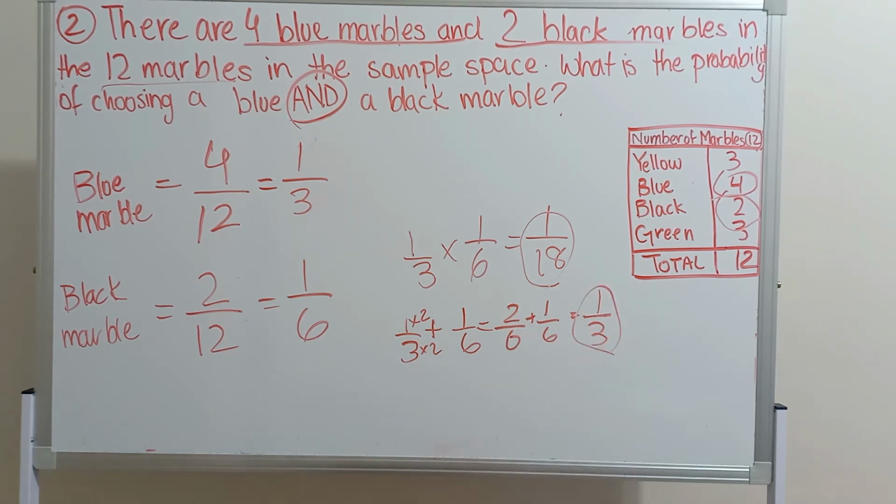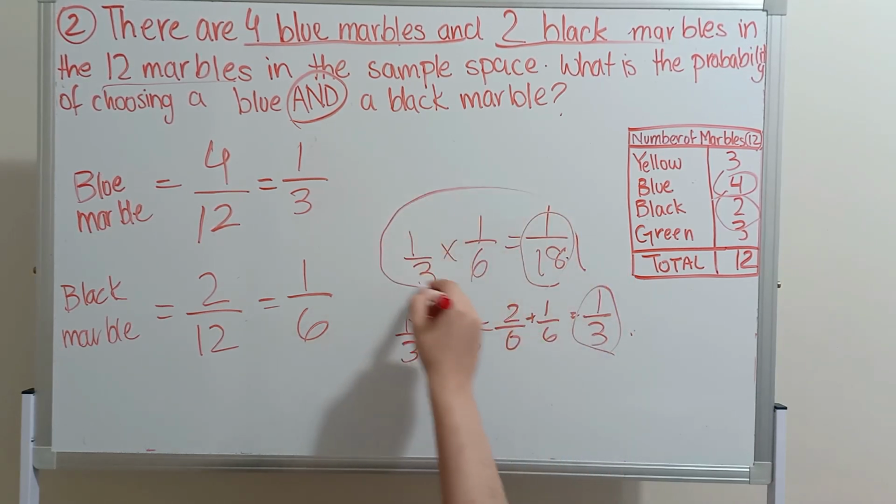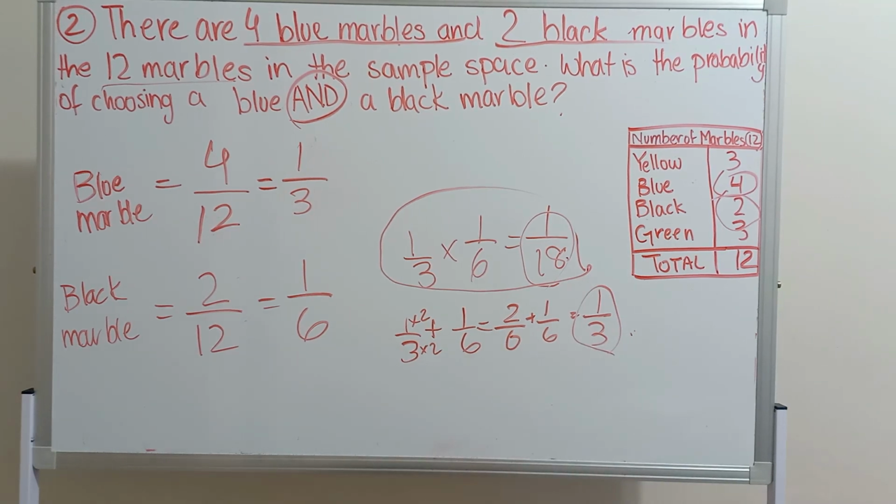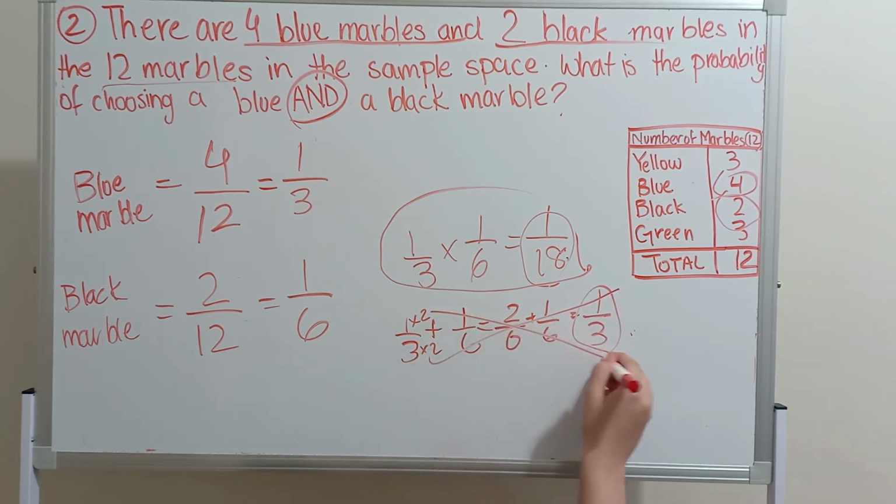So we have to be careful with the words and and or, because if we do the wrong operation in the problem, it will give us 2 totally different answers. Some people might confuse it with addition and get the wrong answer. So this is going to be our final answer for the second question. The probability of choosing a blue and a black marble is going to be 1 over 18.